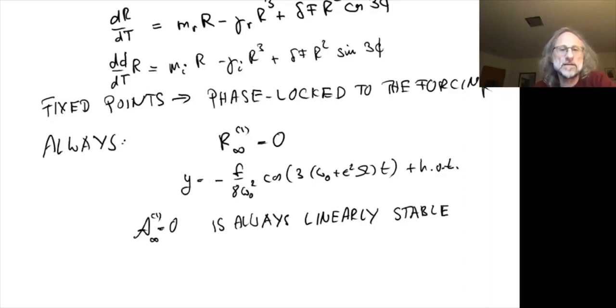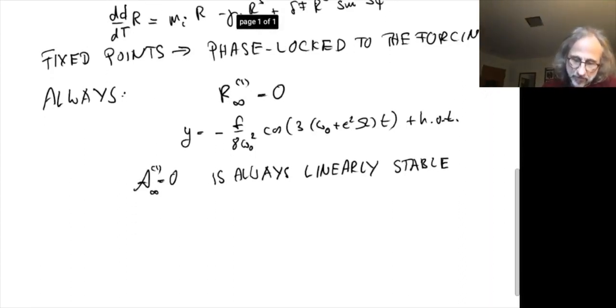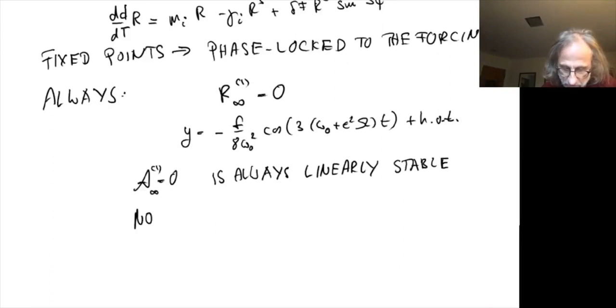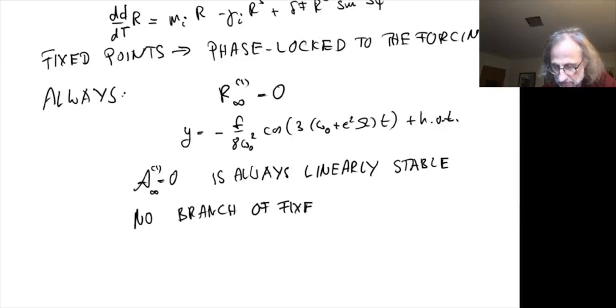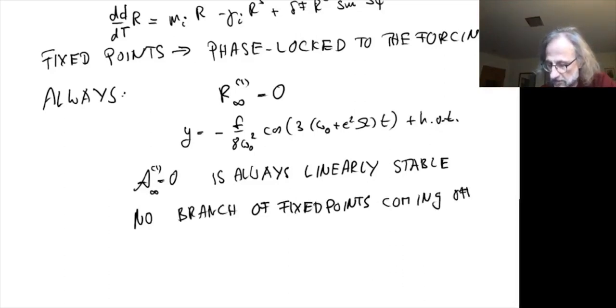Okay, well, let's see. But that's what we have so far. This is always linearly stable. There's no branch of fixed points coming off that solution. No branch of fixed points coming off a infinity 1.